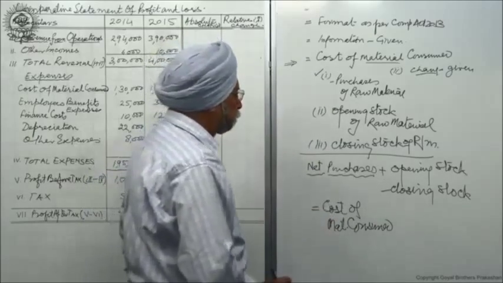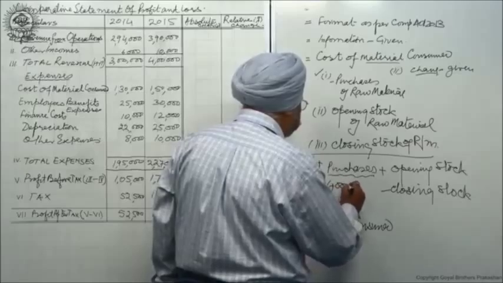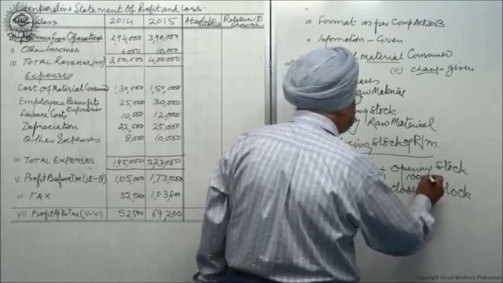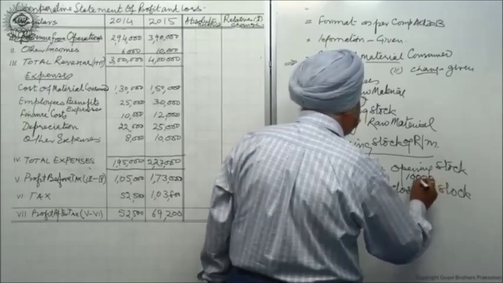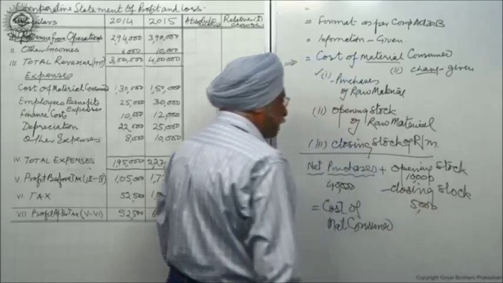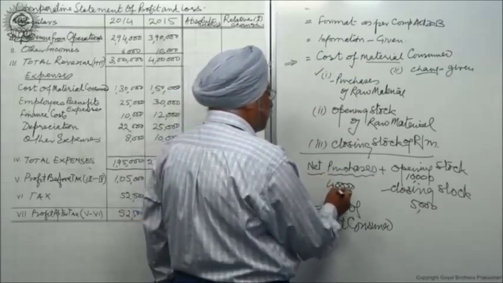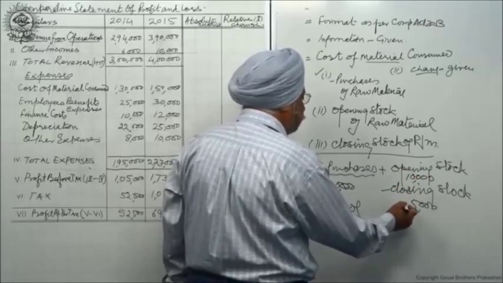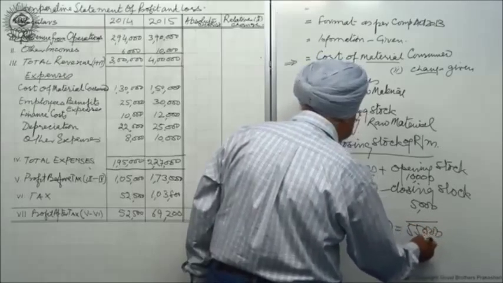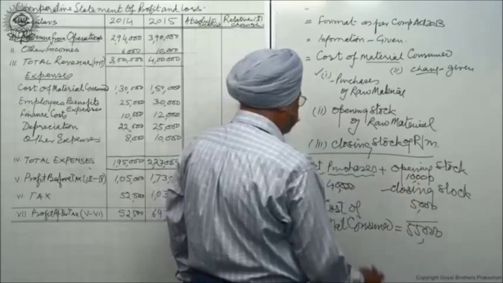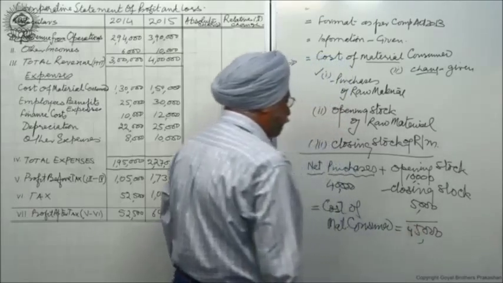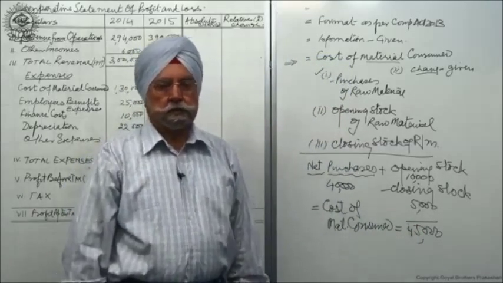For example, if the net purchases are 40,000, opening stock is 10,000 and closing stock is 5,000, then 40 plus 10 is 50, 50 minus 5 will be 45,000, not 55. 45,000 is the cost of material consumed.